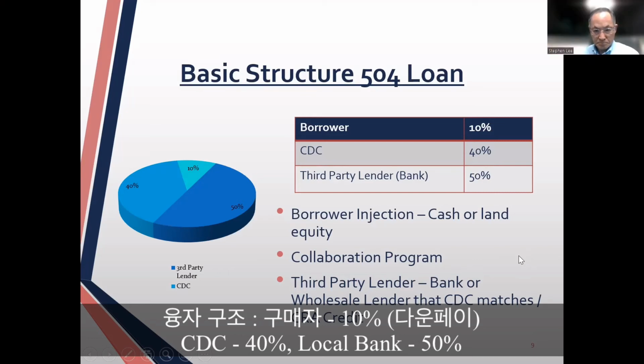When the third-party lender comes together with us, we can give them CRA credit, which is required by the FDIC for every community commercial lender. There are also wholesale lenders who get a tax credit from the SBA. Their interest rate is really low because they do not pay tax on the benefit they make from the SBA 504 loan program. That's why.